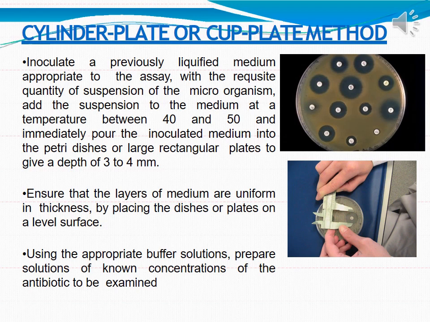Now suppose for simplicity you have made two holes in the petri dish. In one of the holes you are going to pour your antibiotic, that means the antibiotic that is newly developed or not yet in the market.